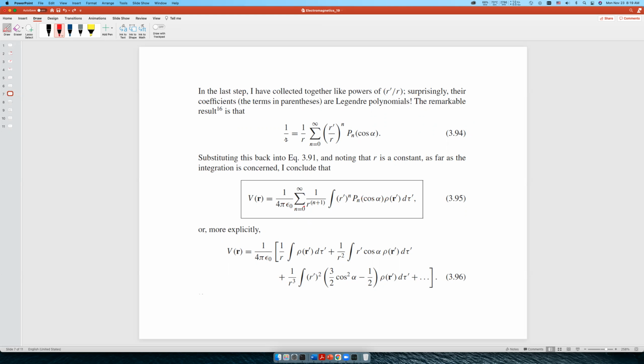When n equals 0, it's 1 over r times the integral of rho d tau prime. When n equals 1, you get this term. When n equals 2, you get this term. Because n is from 0 to infinity, you have infinite terms.